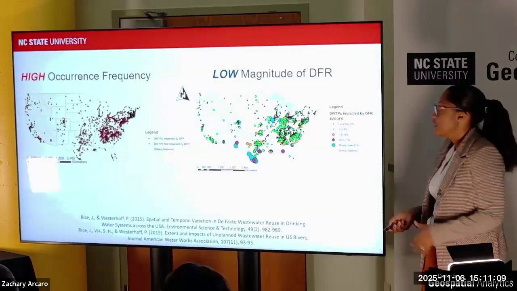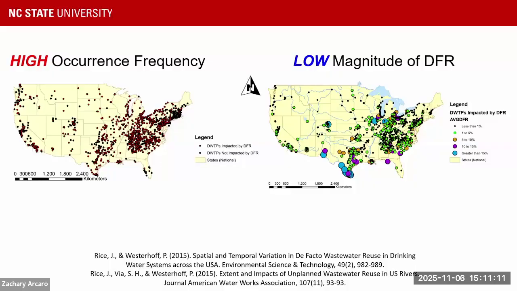We did model validation and verification, all those nice steps, but a big piece that came out of it was this idea of high frequency of occurrence. I cut it off to only look at drinking water treatment plants that served greater than 10,000 people. That left us with about 2,000 intakes.